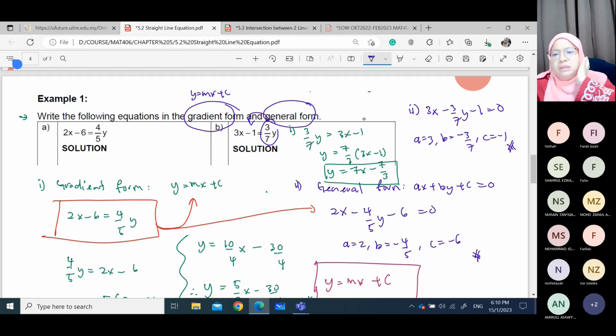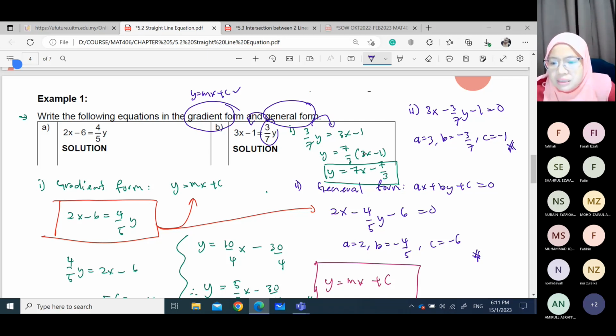So kita punya objektif yang ini adalah untuk kita bentukkan dalam bentuk equation yang ini. Okay, so that we need to bring 3 over 7 to the other side and we have 7 over 3. Maknanya yang division ni dia akan jadi multiplication, yang atas ni dia akan jadi division.